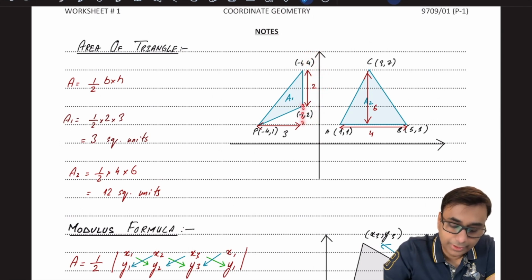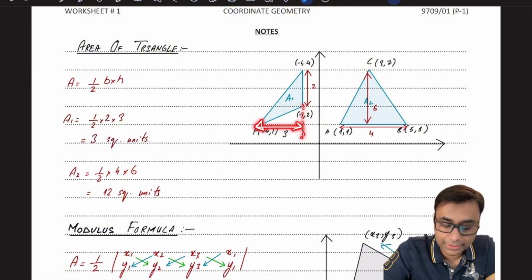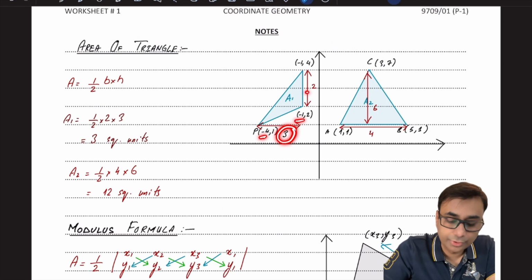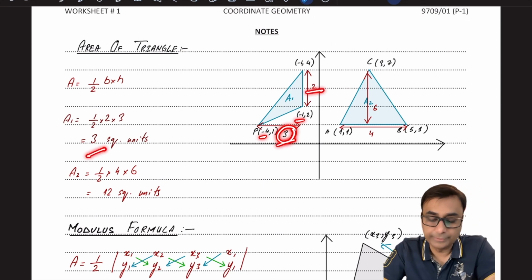Height will be the distance from the base to the highest point, and that will be this length. And this I can find by finding the difference of the x coordinates. So if this is -1 and this is -4, the difference is going to be 3. And the area of the triangle is going to be half times 2 times 3, and that's how I can get myself the area.